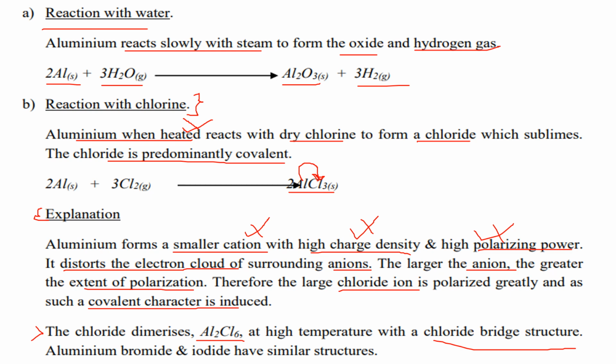Now, that being the case, it has a very high charge density and high polarizing power. Hence, it greatly polarizes the chloride or bromide or iodide ions. And when that happens, you find that the whole compound becomes predominantly covalent. That enables it to dimerize in air.